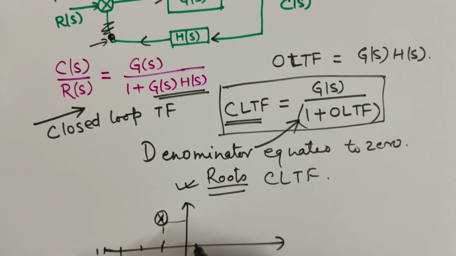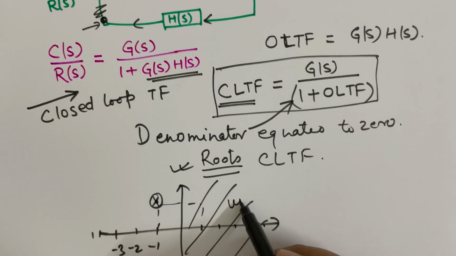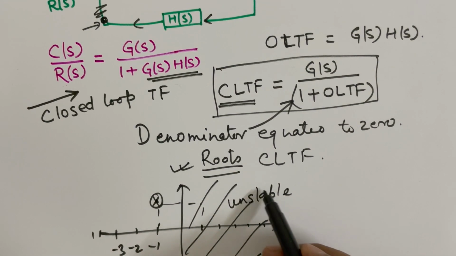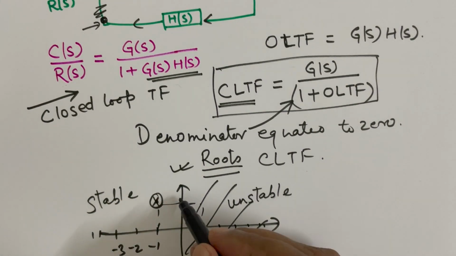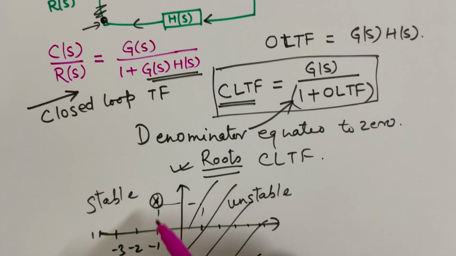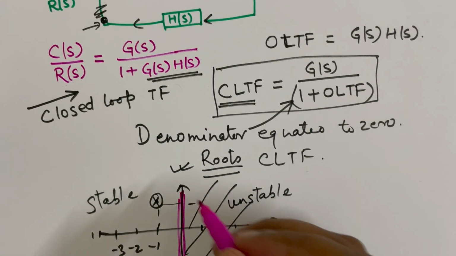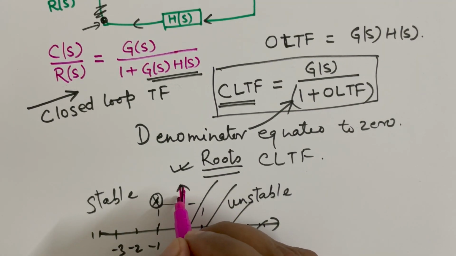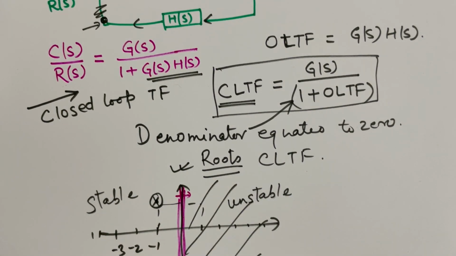If there is a positive value of the real part of the roots, in that case the system is unstable. So this region is unstable and this region is stable, and we have an imaginary line over here. This imaginary line is marginally stable, meaning if there is a little bit of change, it may go into the unstable zone. That's why it is called marginally stable.